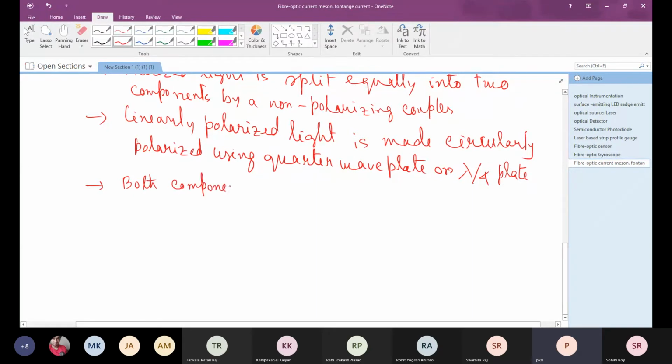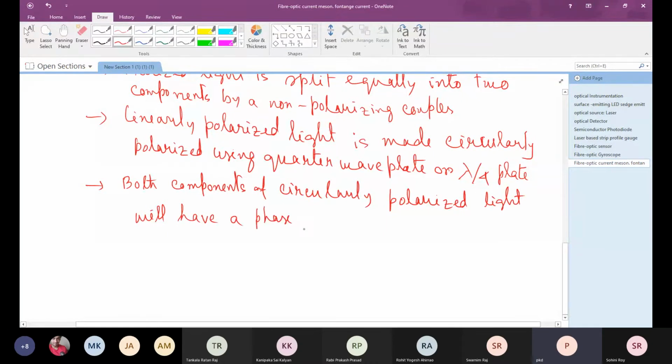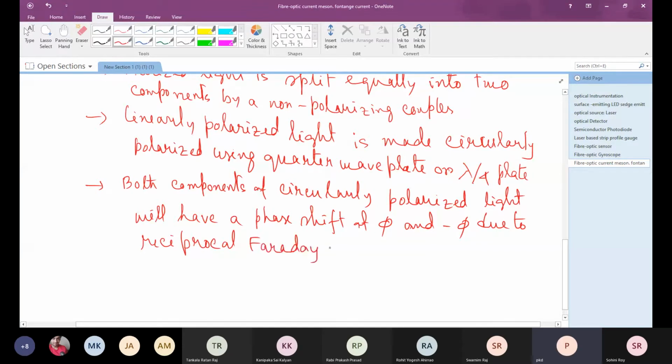Both components of circularly polarized light will have a non-reciprocal phase shift, a phase shift of phi and minus phi, due to the Faraday magneto-optic effect.